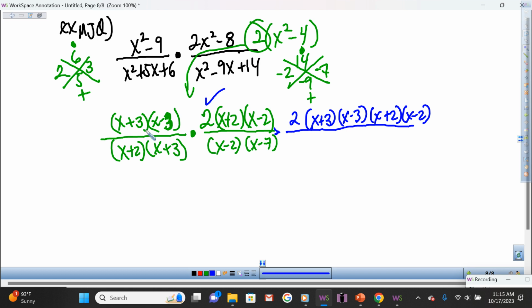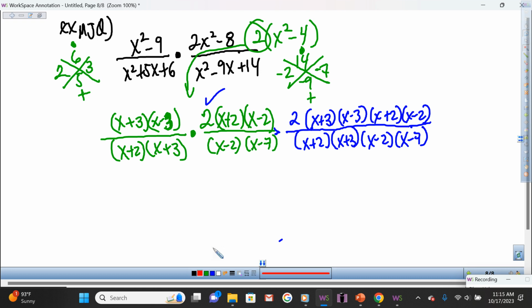So basically all the numerators. Denominator, x plus 2, x plus 3, then x minus 2, x minus 7. So we're done multiplying. Right, Anthony D?